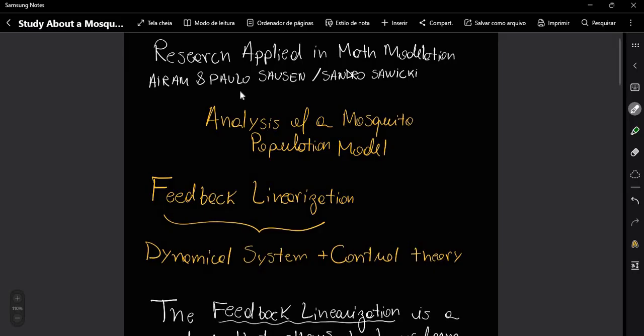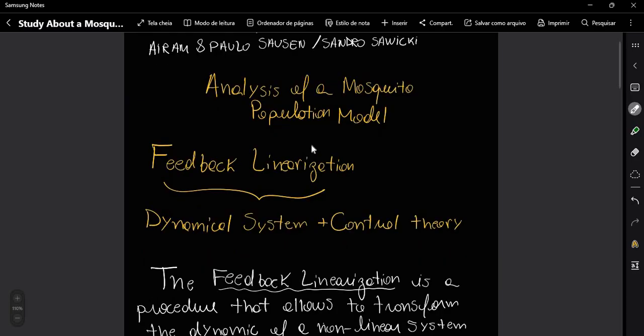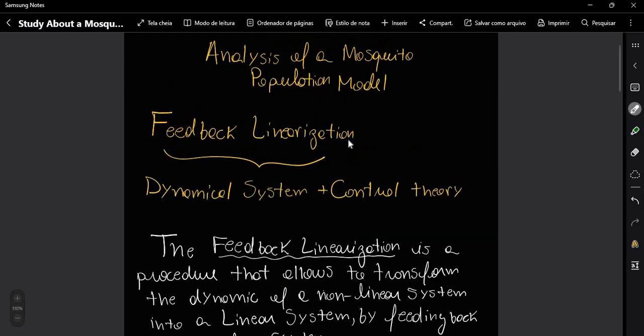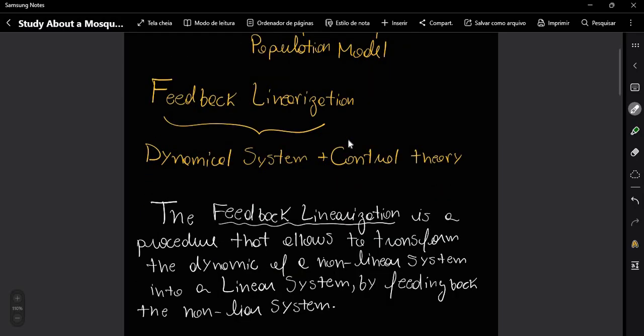I'm taking this from the book Researches Applied in Math Modulation, from these authors, Aaron and Paulo Salsin and Sandro Senwick. Okay, so again, this is an analysis of the mosquito population model, and the method which is used.